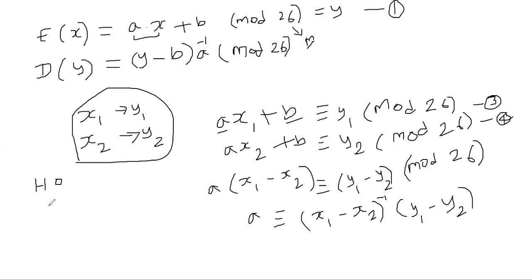We don't need to know about T. Let's say you only know two characters, H and O. Let's assume H gets mapped into A as a ciphertext, and O gets mapped into X.